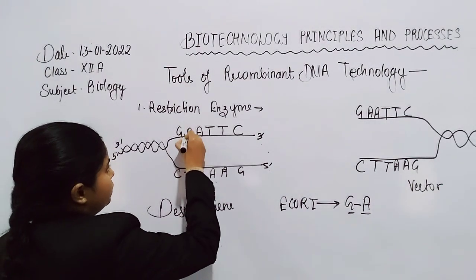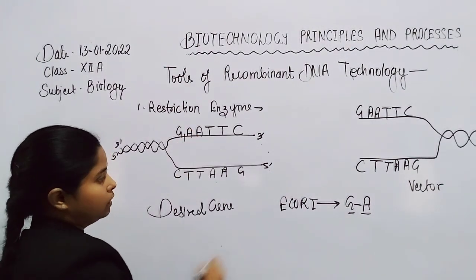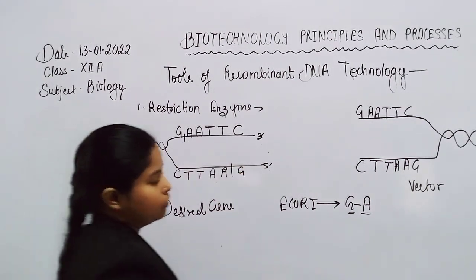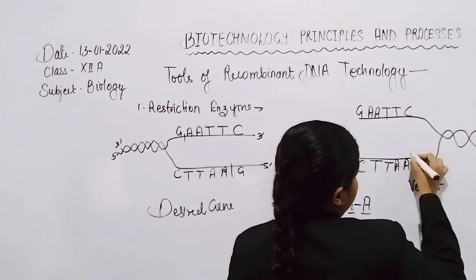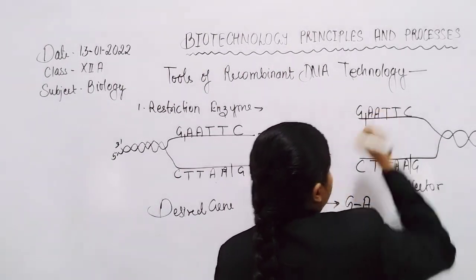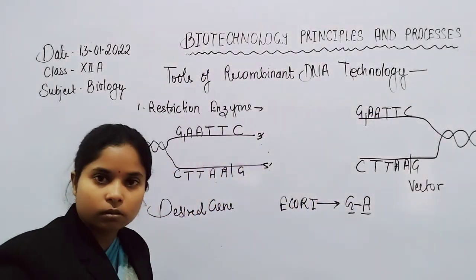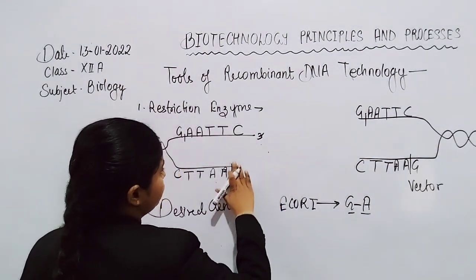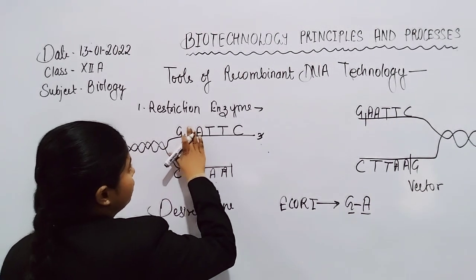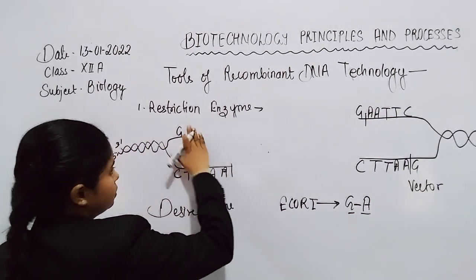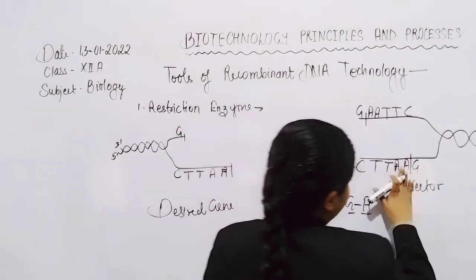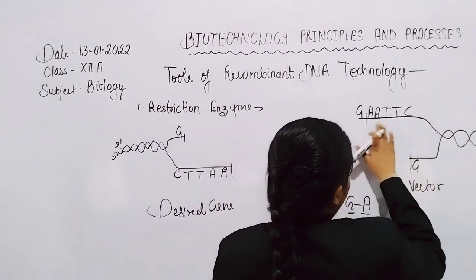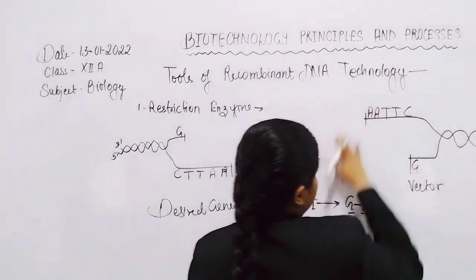So the phosphodiester bond is cut by EcoRI. Here G and A are cut by EcoRI, similarly G and A, and G and A. Now, after removing these segments which are cut, this part is also removed, and the cut sequence is removed from the sequence, and here again this part is removed.